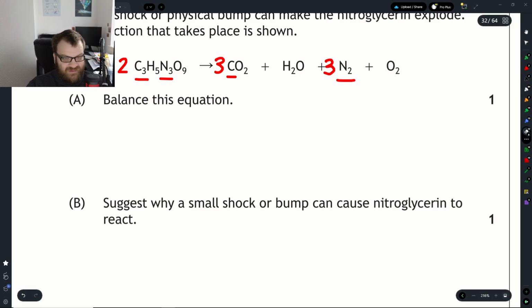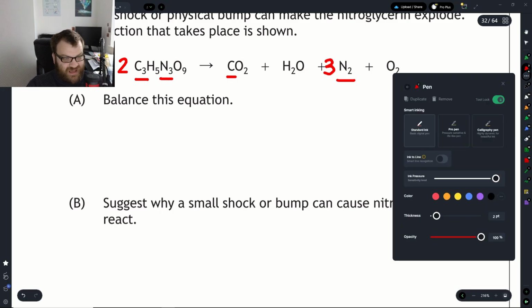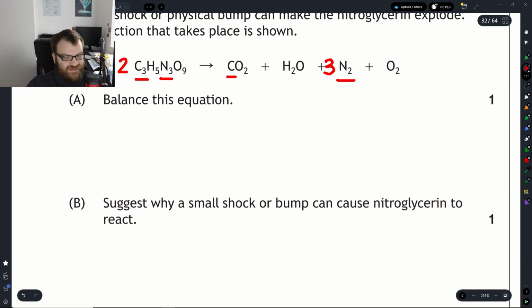That means my carbons, because now I've got 6 carbons, 2 times 3, this would then have to be 6 in there. Next, we could look at the hydrogens. There's 5, and we've got 2 of them, 2 times 5, which is 10. This 5.